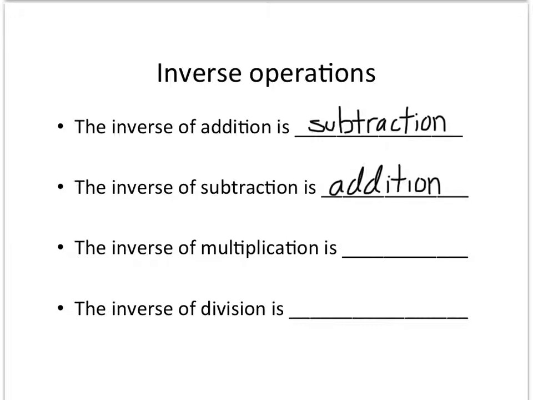And the inverse of multiplication, or the opposite of multiplication, would be division. And then the inverse of division then would be multiplication. So what we're going to do is apply these inverse operations to whatever operation is with our variable, see if we can get that variable by itself, and we're going to notice that this means we've solved the equation.